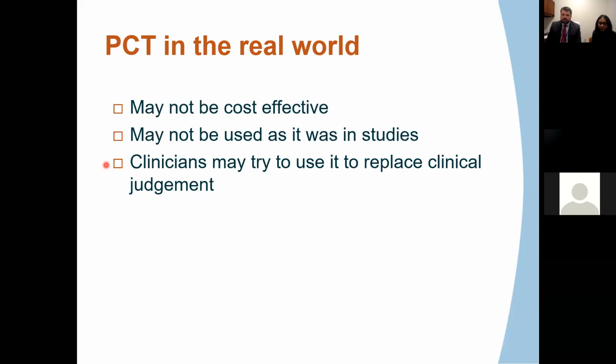And really they shouldn't, and that's part of why we're doing this webinar: to look at what causes it to be elevated, what causes it not to become elevated, and to try to make a good clinical decision.